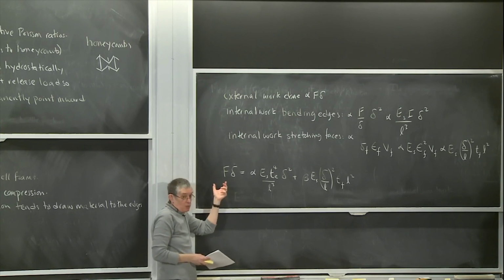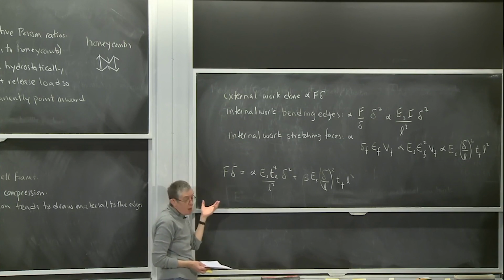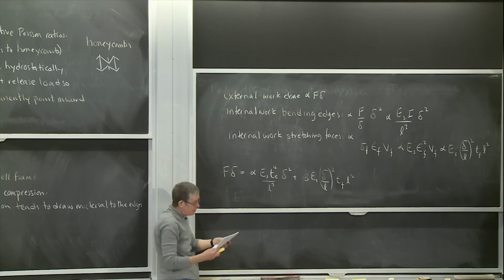So far I've got this in terms of the force I'm applying, but I want to get a modulus of the foam out of this. And so I want to relate this force here to the modulus of the foam.